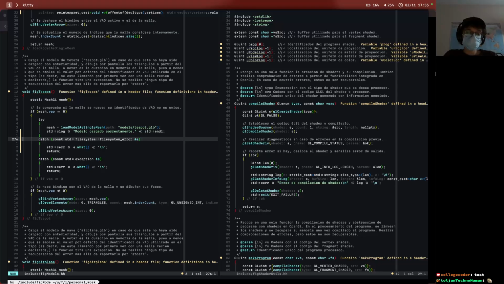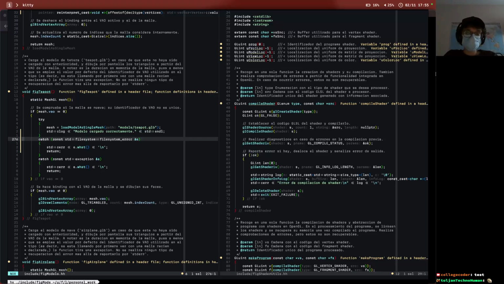But when I return from this, the exception just stops here and it's assumed to have been recovered. But it's not been recovered. If the model is not there, we don't just return. We're supposed to handle the issue here and report to cerr, the standard error, and then I'm supposed to send it back up to wherever it is that I call fig teapot.